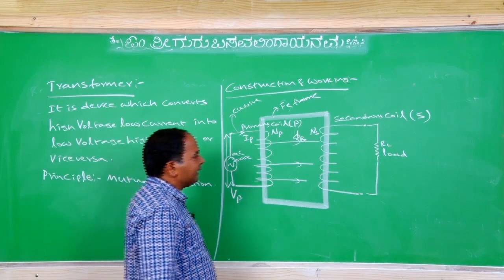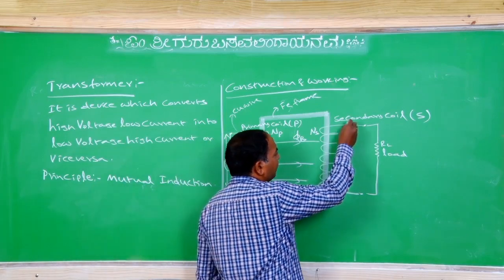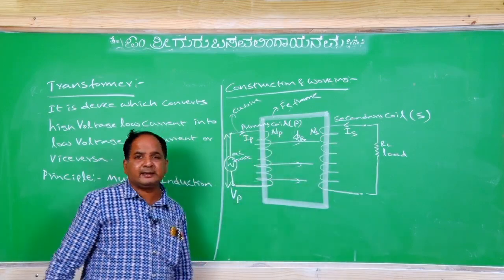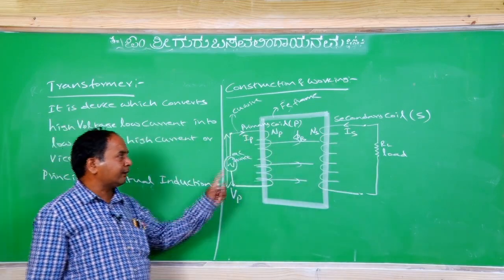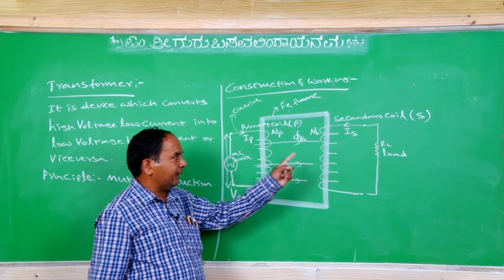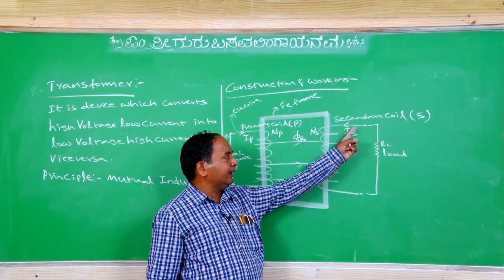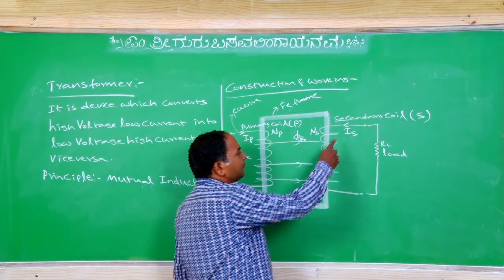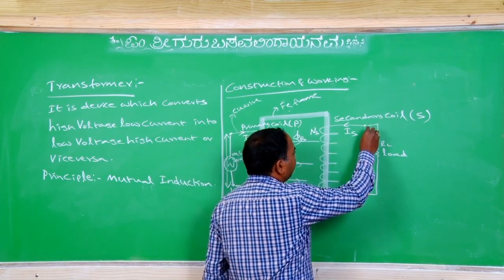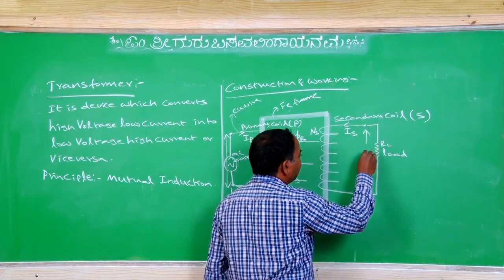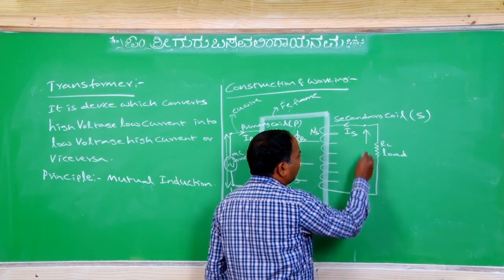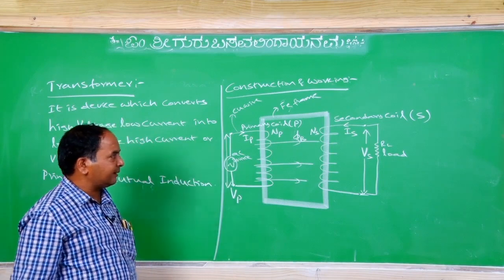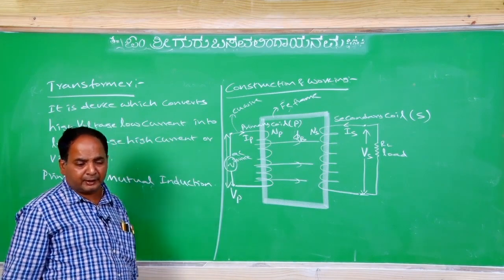Due to this flux linkage, an induced current is generated, exactly opposite in direction to the primary current. That's why the direction of IS should be toward this side, which is opposite to this. If the current passes like this, then across the load we observe some potential, that is VS. This is about construction and working.